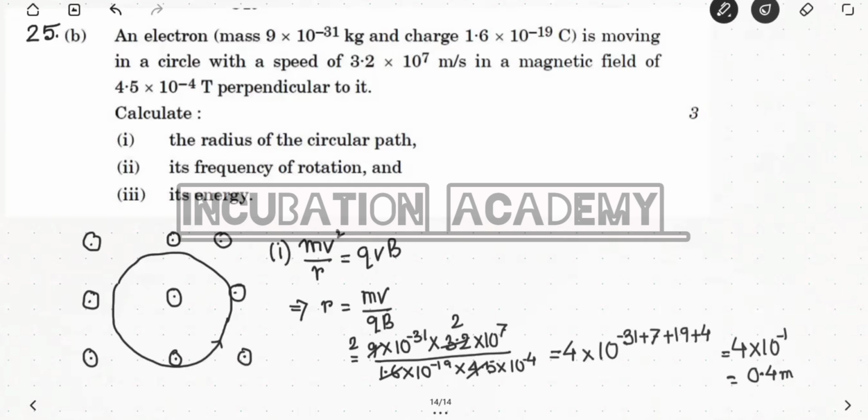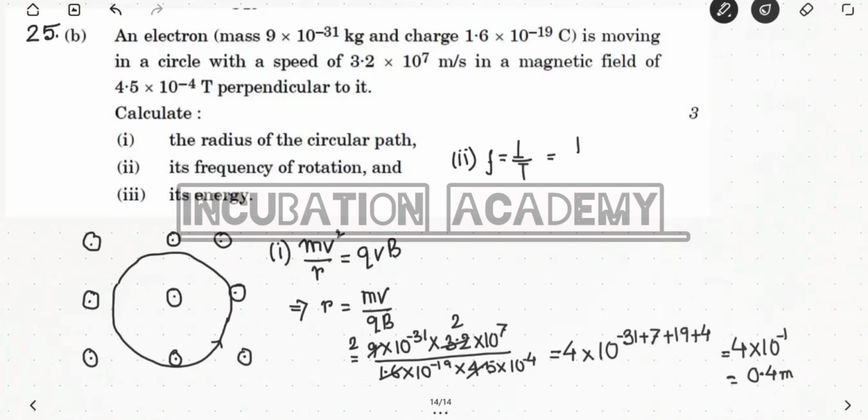Clear? Now it is asked, what is the frequency of the revolution? For that, this is part 2 I am doing here. Frequency is 1/T, inversely proportional to the time period.